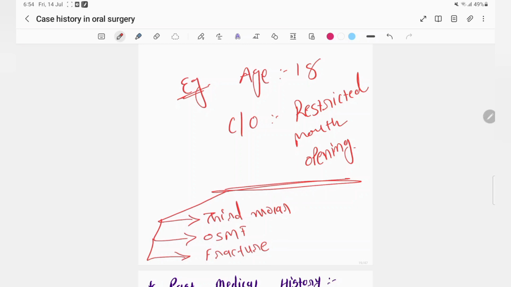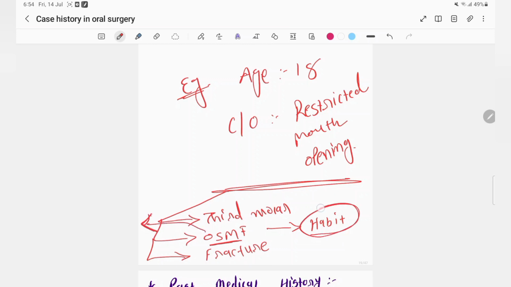So now you will ask the patient, do you have any habit of tobacco chewing? The patient will say, no, I don't have any habit of tobacco chewing. So you can exclude OSMF, right? So OSMF is a negative diagnosis. It means it is not there.